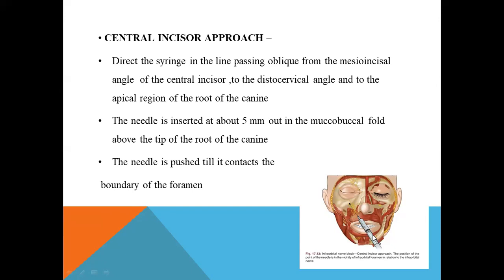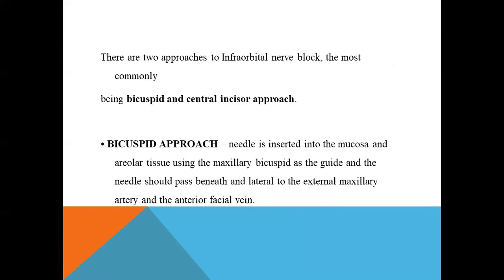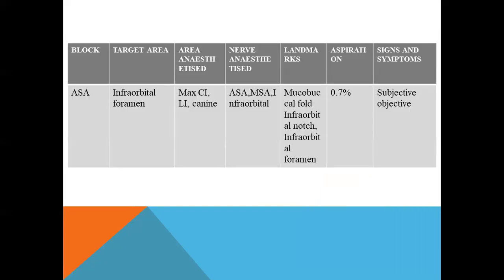The needle is inserted about 5 mm out in the mucobuccal fold above the tip of the root of the canine. The needle is pushed until it contacts the boundary of the foramen. This is called the central incisor approach, and that is the bicuspid approach. Just remember at least that there are two approaches to the infraorbital nerve block.